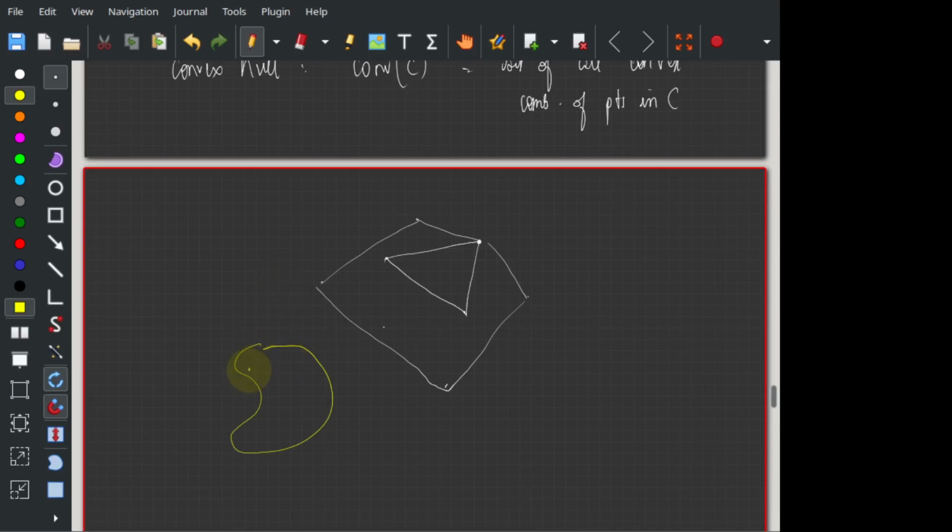Because I can pick this point and this point, and the line segment joining them is not fully contained within this set. If you take a circular region, is it going to be convex? It is. Take a triangle, is it convex? What about a square? It is going to be. A cube in 3 dimensions, that's also going to be convex.